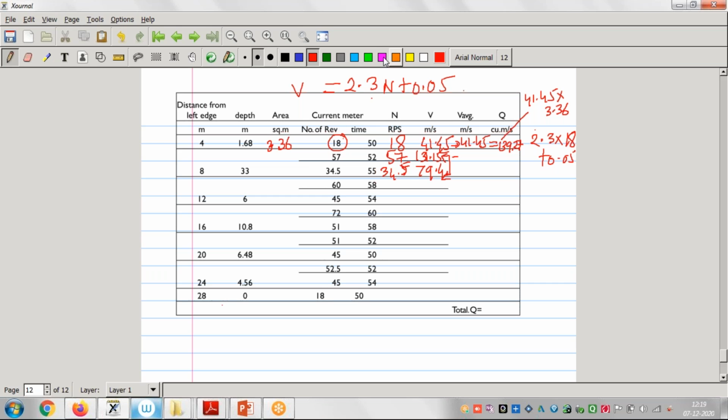So here you are getting the average velocity as 105.275. Now here we will calculate the discharge. So discharge will be what? 105.275 multiplied by the area. What would be the area here?